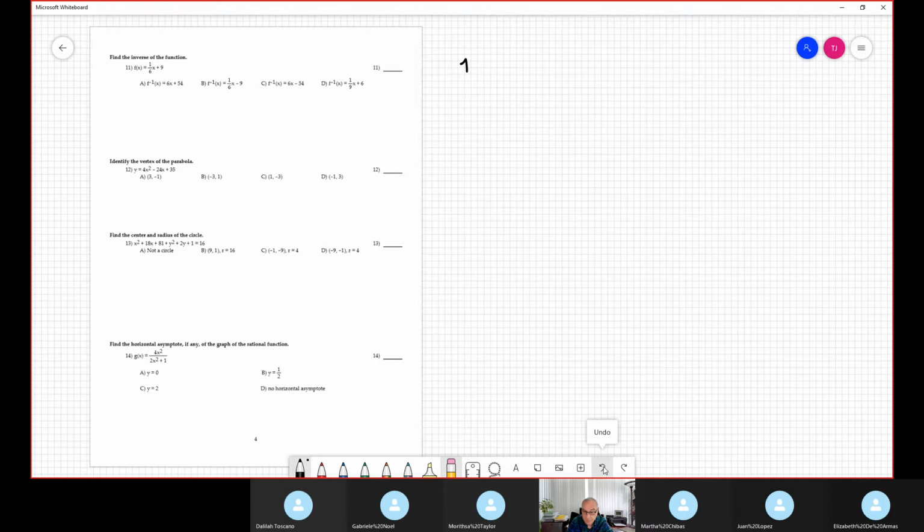Okay, 14. Find the horizontal asymptote, if any, of the graph of the rational function. Remember, the only thing they want in this problem is the horizontal asymptote.